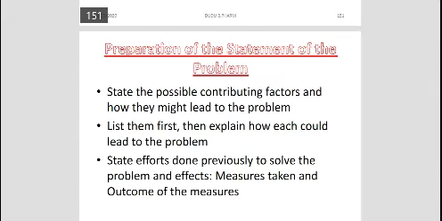So state the effort done previously to solve the problem and the effects. For example, you've seen the problem. Maybe it is not the first time for you to see the problem. Other people have seen that problem before. Maybe they have done their research.